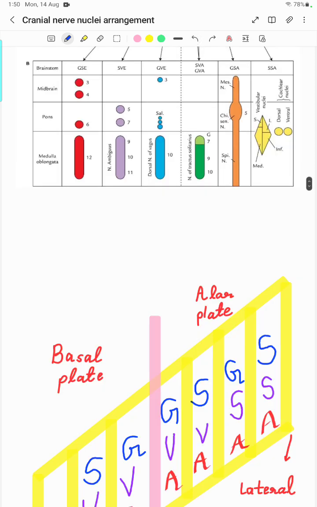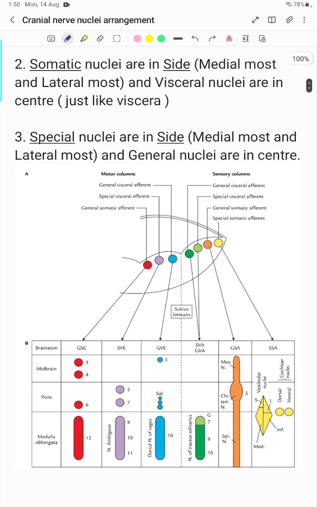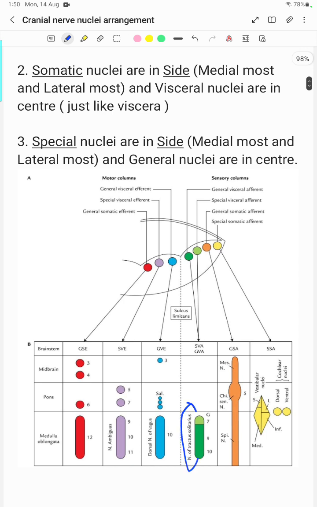So the nucleus tractus solitarius is for both special and general visceral afferent. General visceral afferent means information about distension and ischemia of our GIT, lungs and heart, and special visceral afferent means our taste sensation, because our taste buds develop from endoderm, sorry, that was a slip of the tongue.